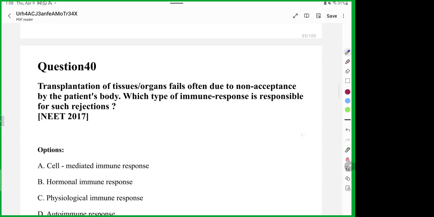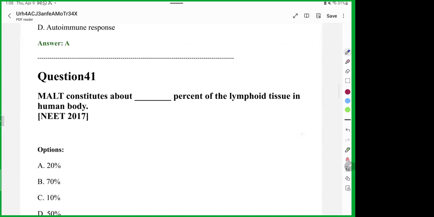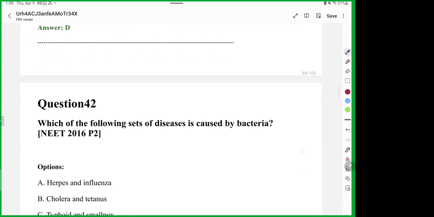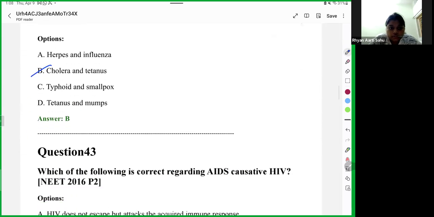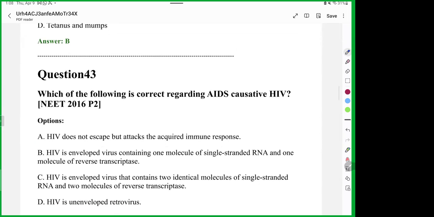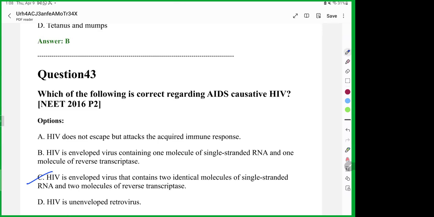Transplantation with immune response, rejection, A. Same, cell mediated. Whenever you see one word, you should think of bacterial diseases: cholera, tetanus, typhoid. AIDS. Correct regarding HIV: single-stranded RNA and reverse transcriptase enzyme.